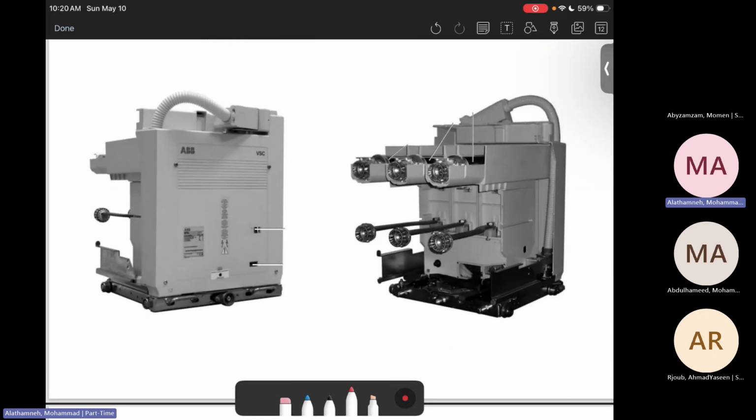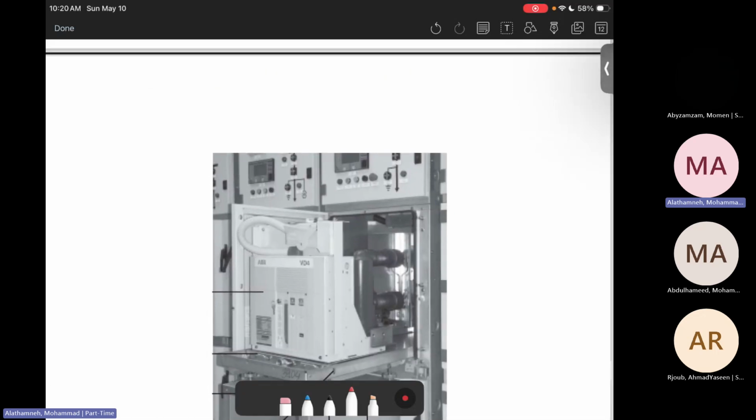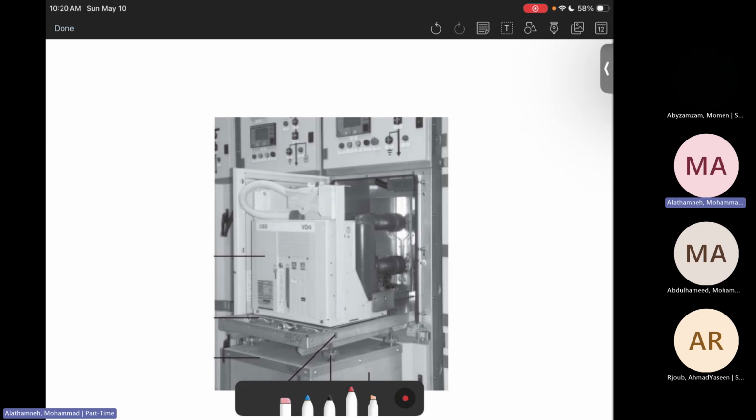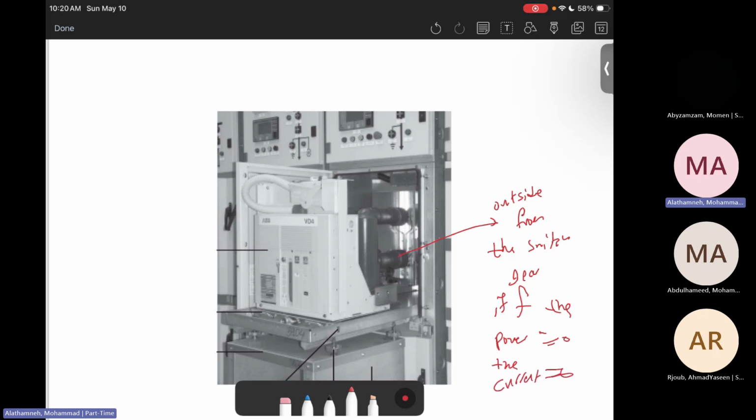Now here is also another type of the aerial circuit breaker, the vacuum circuit breaker. This is how we install it. Then we need to make sure it is being mounted outside. We can push it outside of the switchgear if and only if the power is equal to zero, or the current is equal to zero.